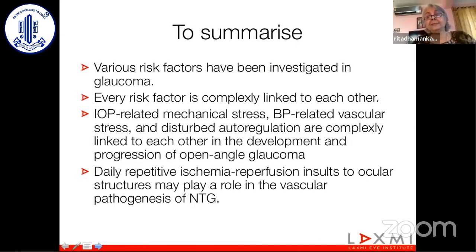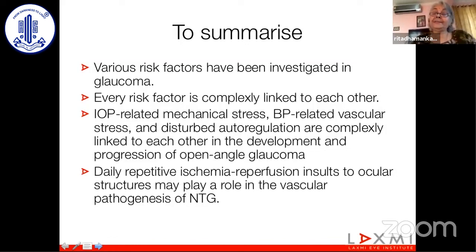So to summarize, various risk factors have been investigated in glaucoma. Every risk factor is complexly linked to each other. IOP-related mechanical stress, BP-related vascular stress, and disturbed autoregulation are complexly linked to each other in the development and progression of open-angle glaucoma.